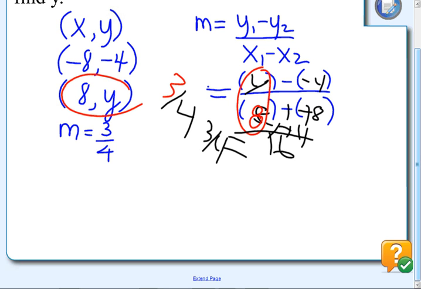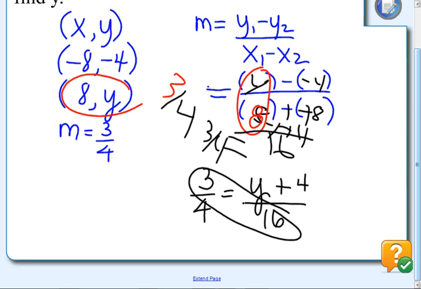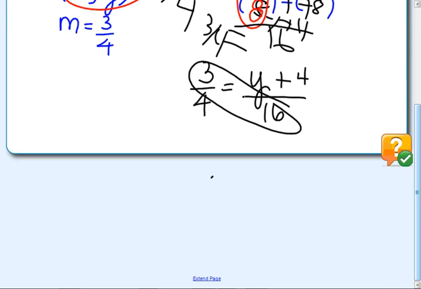Can we write it so we can read it? 3/4 equals y plus 4 over 16. Now, cross multiply. 16 times 3 is 48. What's 3 times 16?